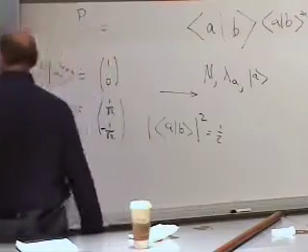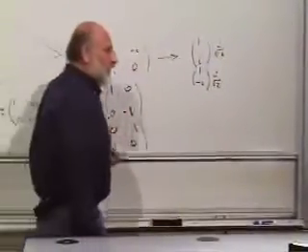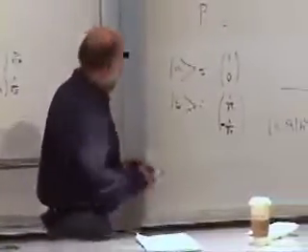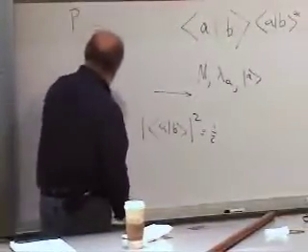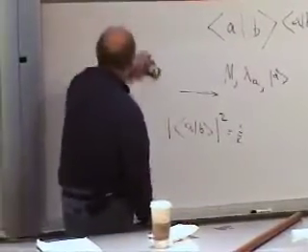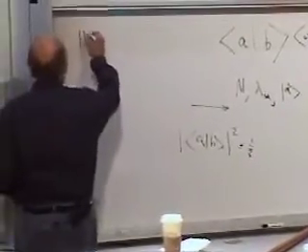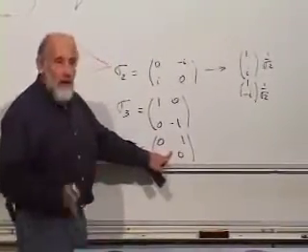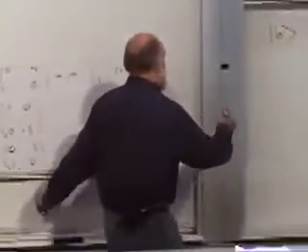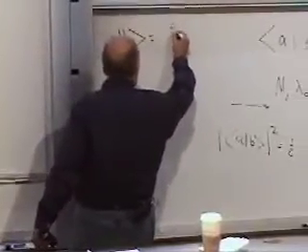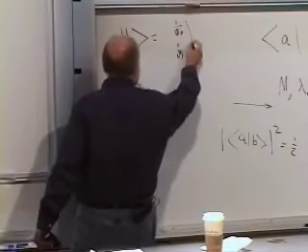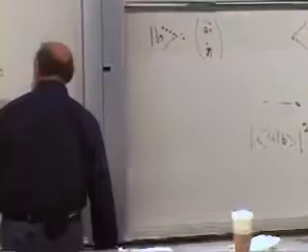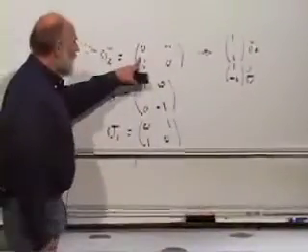Let's do a more complicated case. I've told you what the eigenvectors of sigma 2 are, so let's ask the most complicated question we can ask. What's the probability that if we prepare the state with sigma 1 equal positive 1, that means B is equal to (1 over square root of 2, 1 over square root of 2), and this time we measure sigma 2, not sigma 3.